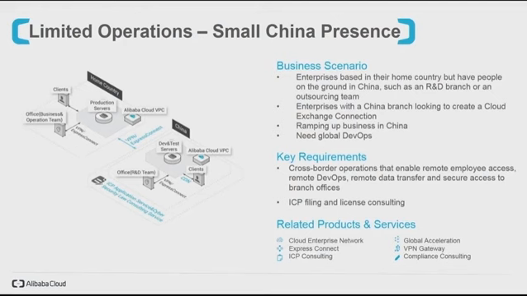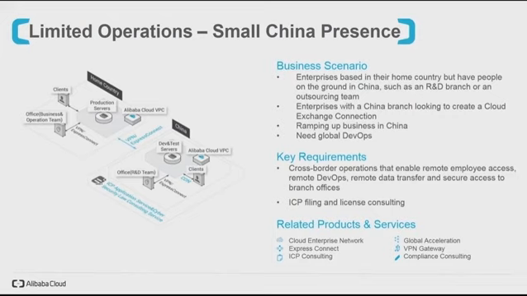The next one is if you've got some people on the ground in China. You might have an R&D branch or an outsourcing team or just purely a China team focusing on the business there. So you're starting to ramp up business there. You've got a global development ops team which may not be based in China but may be based somewhere else.